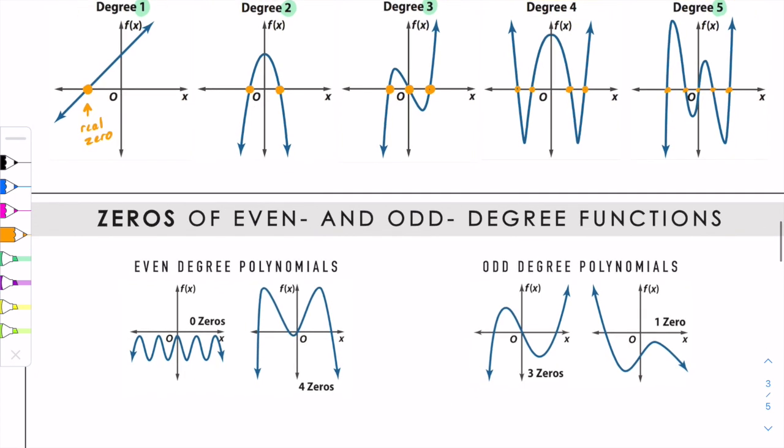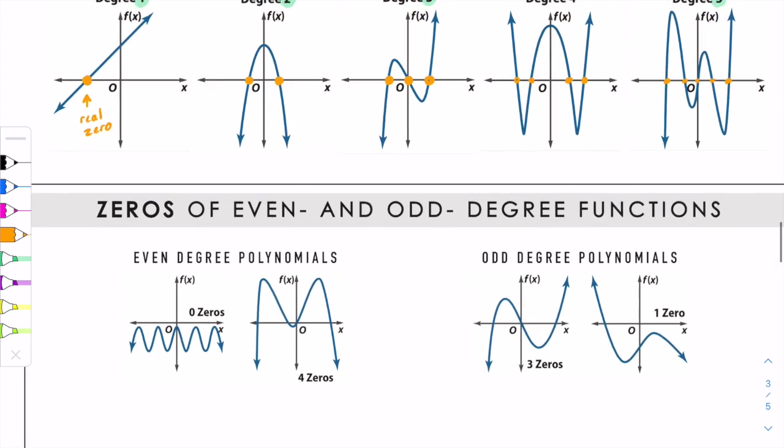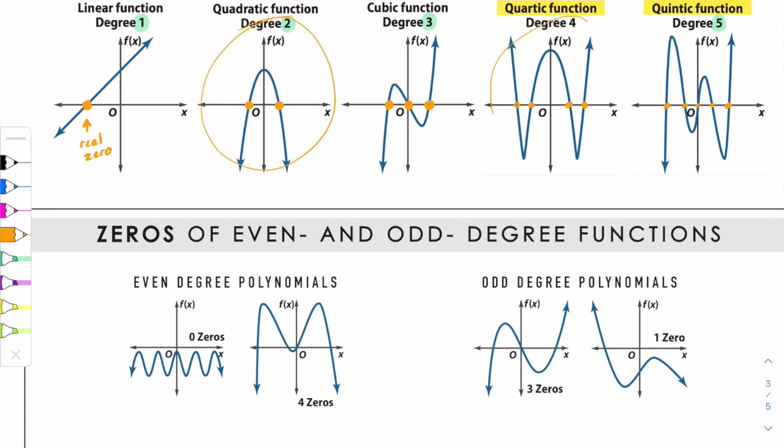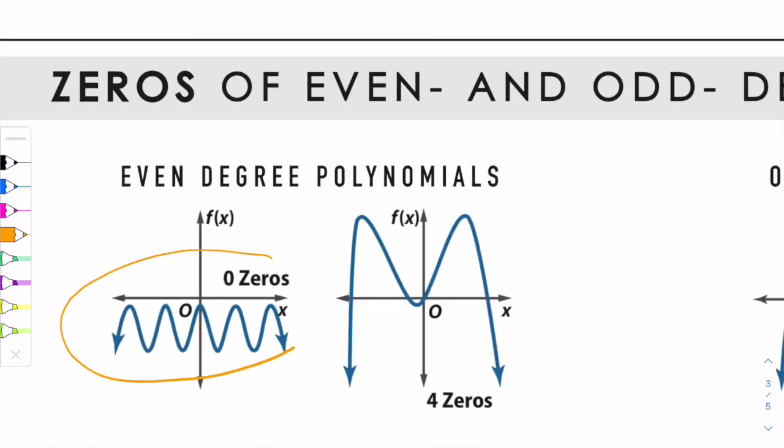So if we were to have a class discussion about what we just observed in those 5 graphs, I'm hoping that you recognize that any even degree function, which my examples above are a degree of 2 and a degree of 4, don't ever have to cross the x-axis, which could give you 0 zeros, or they could cross a maximum of whatever the degree is.